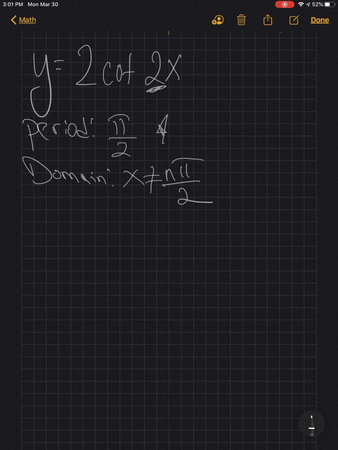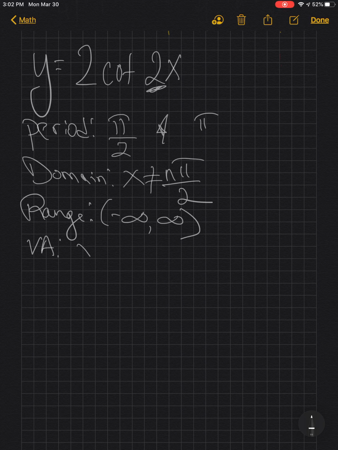Because before we knew from the parent that we had pi as our period and x couldn't equal n pi, but now we have pi over 2. So x cannot equal n pi over 2. All right, range. Our range is always going to be all real numbers. That's easy. And our vertical asymptote is going to be x equals n pi over 2.